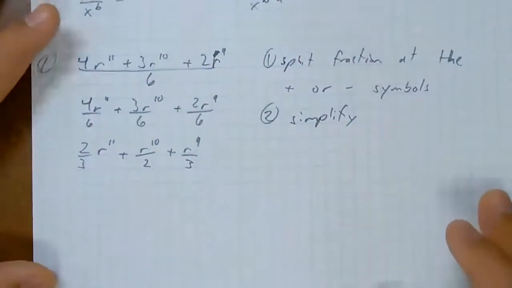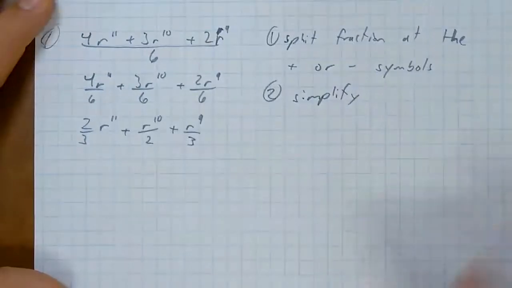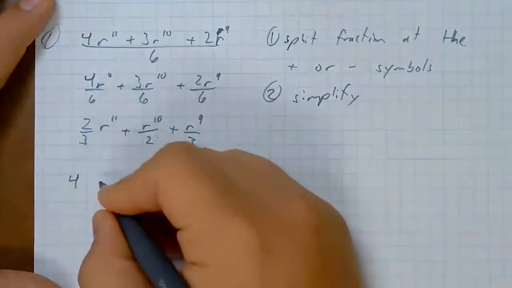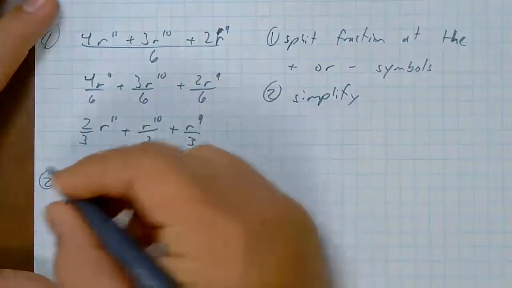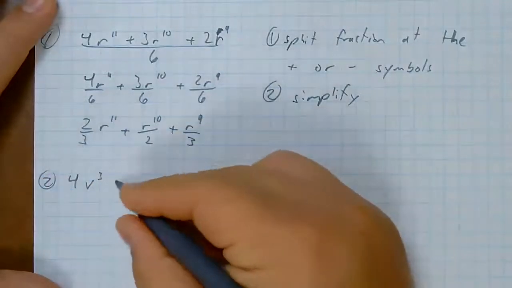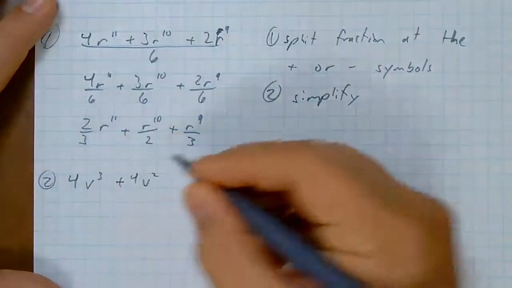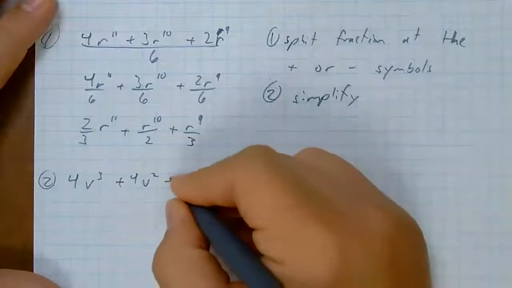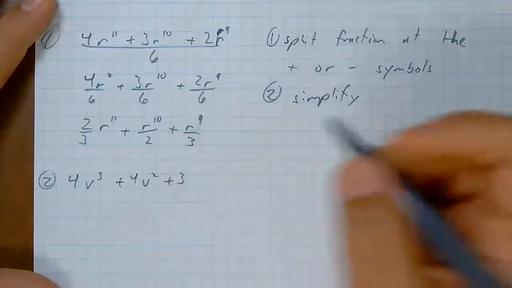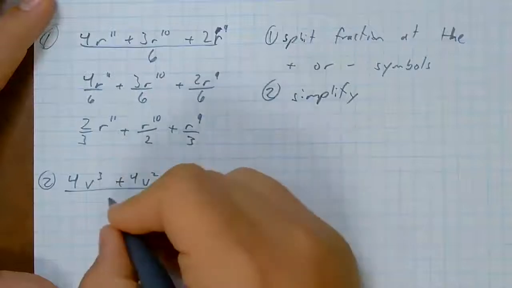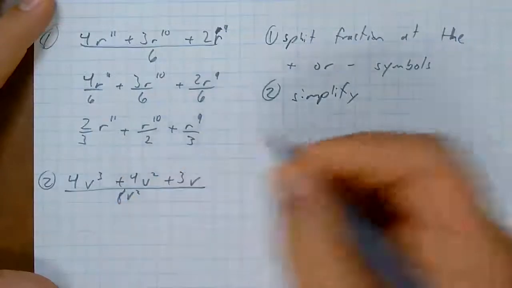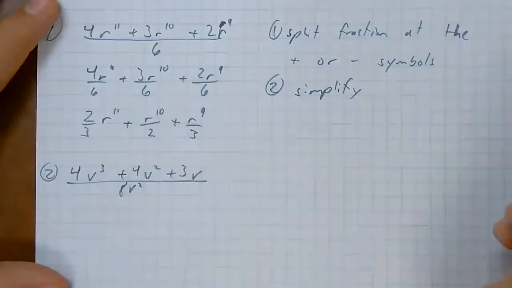This time we're going to have some variables. Here we have 4v cubed plus 4v squared plus 3v, all over 8v squared.